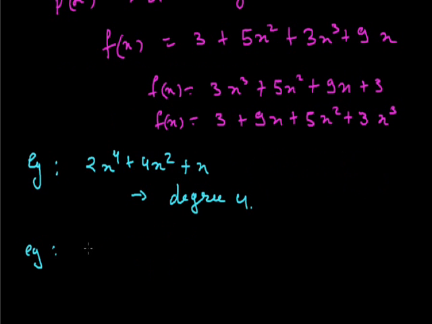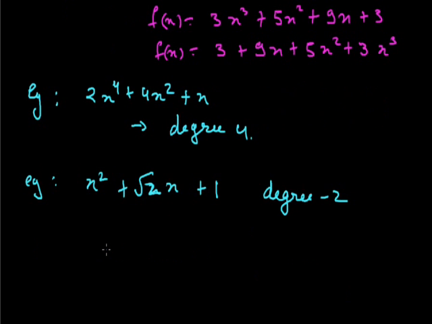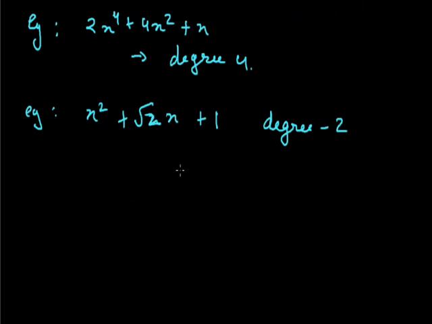Second example, an algebraic expression x square plus root 2 x plus 1 is also a polynomial in x whose degree is 2, since the highest power of x is 2 and all the coefficients of the polynomial are real numbers. That is, the coefficient of x is root 2, which is again a real number, and the constant term is 1. We can classify polynomials on the basis of their degree and the number of terms the polynomial has.